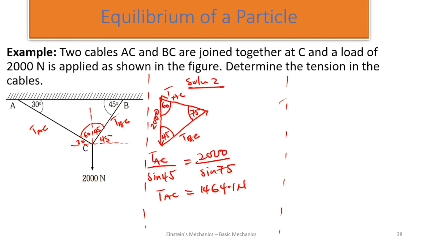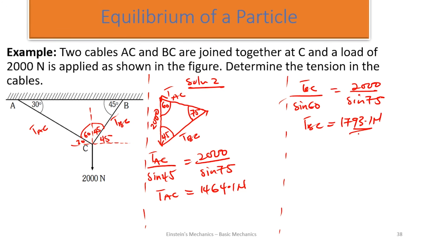The same thing if I want TBC, can I say TBC on sine 60, the angle opposite to it, the same thing, 2000 on sine 75, and TBC is giving me 1793.1 newtons, and we are good to go.